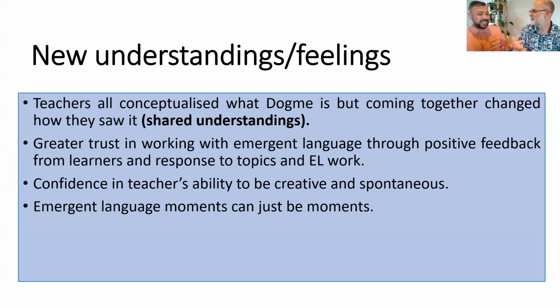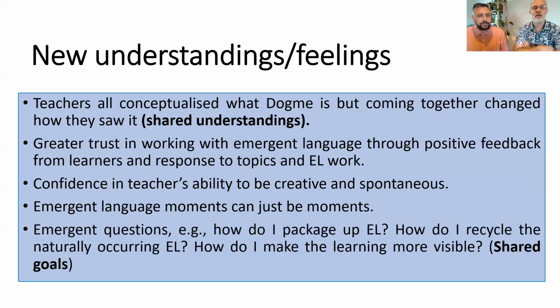Or it could be when scaffolding happens, and the teacher's helping by giving the learner a word or a phrase or something they need in order to carry on, then you get out of the way, and the moment passes. So it might just be, oh, you mean induction hobs? That's it. You've done it. It's the pragmatic, it's the learner need being solved. And I love this. Emergent language moments can just be moments. But then they had so many emergent questions that it's just going to keep feeding this culture.